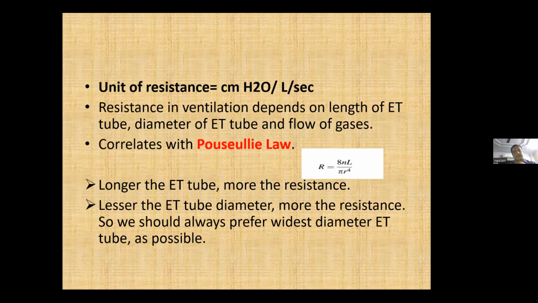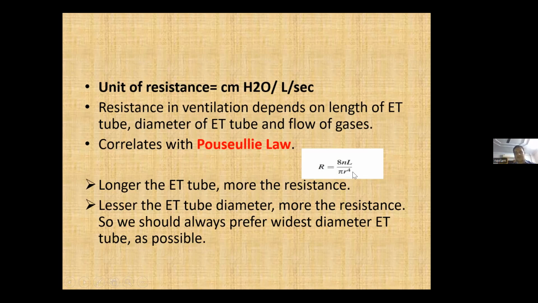Many times, that is why we don't use a 2.5 ET tube in a child who is having a weight of 3 kg, because if you are using a very small endotracheal tube diameter, the radius will be small. The smaller the radius, the resistance will be very high, because it is inversely proportional to the fourth power of radius.